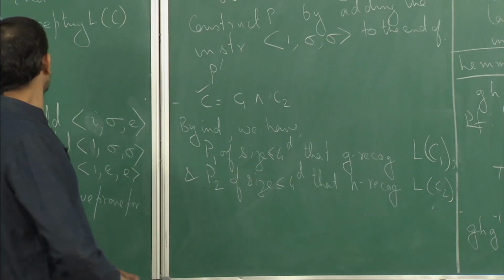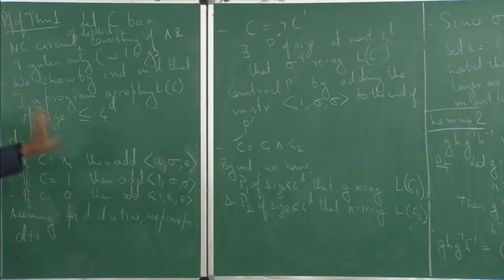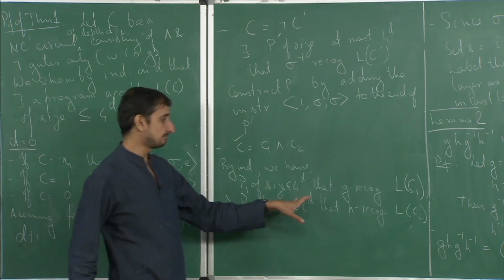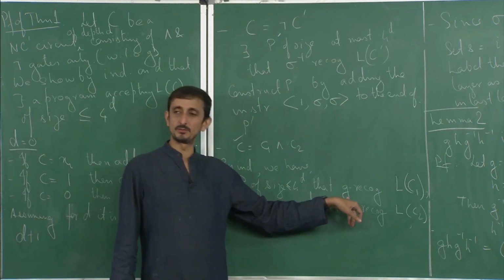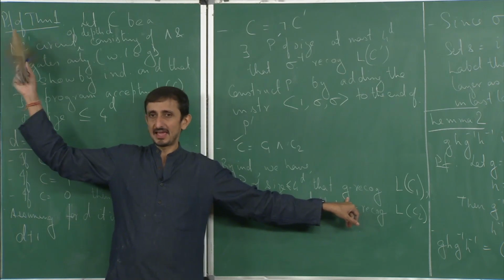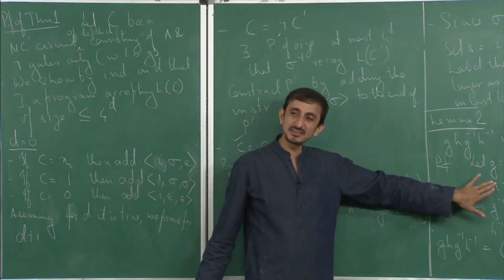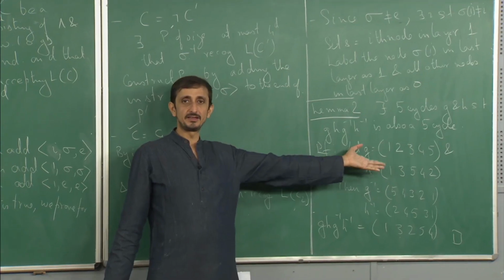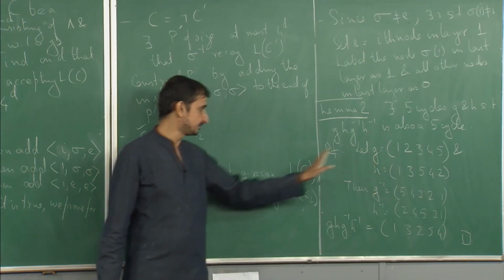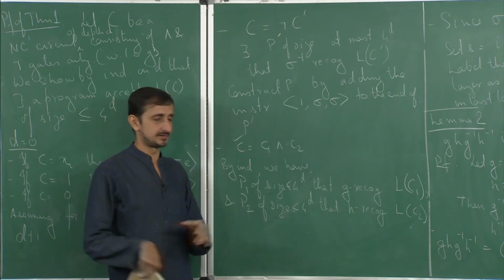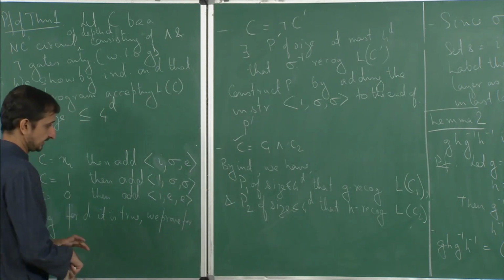Again, they can be recognized with respect to any permutation. We applied lemma 3 and we can get it with respect to this G and H. Note that G and H are the fixed permutations that we defined in lemma 2 earlier. G and H are these very special 5 cycles.